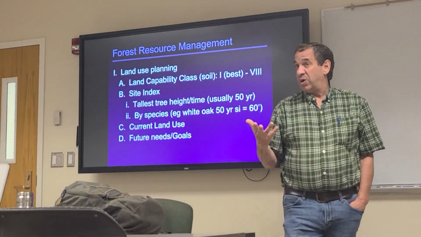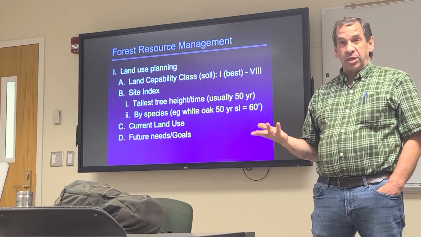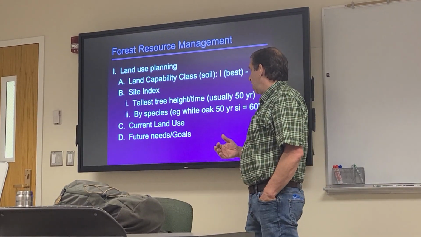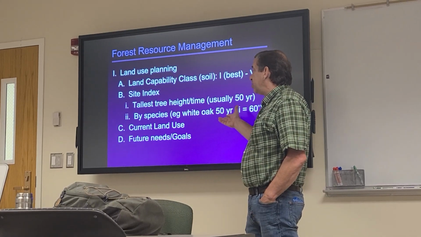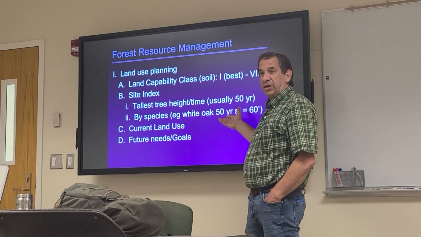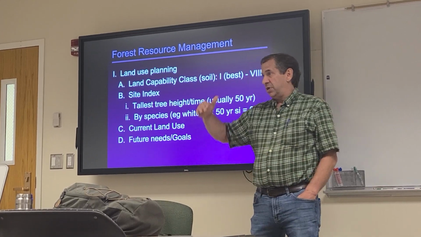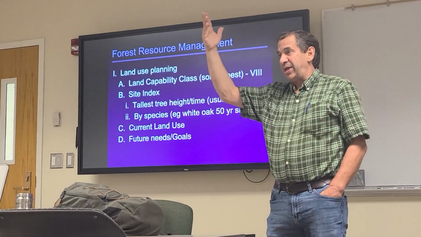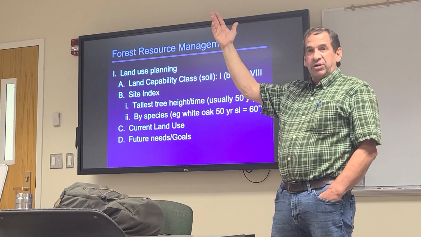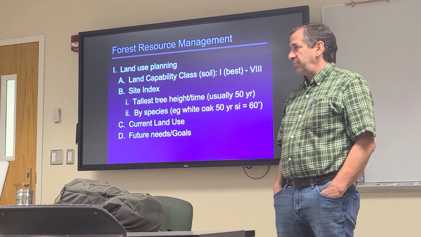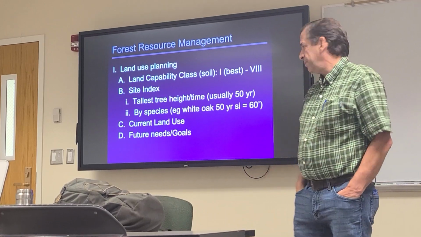So if it's a site where we typically grow white oak as a common timber species goal, we would say the 50-year site index for white oak here is 60 feet. And that means on average, you could expect a white oak planted 50 years later to be about 60 feet tall. So it's an index of the productive potential of the site. Okay, good.